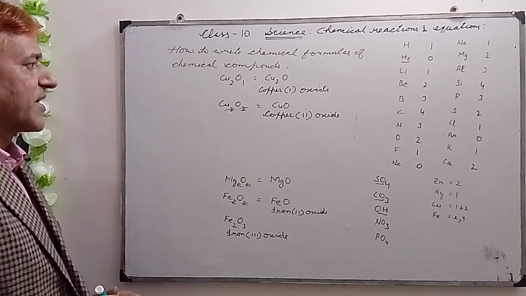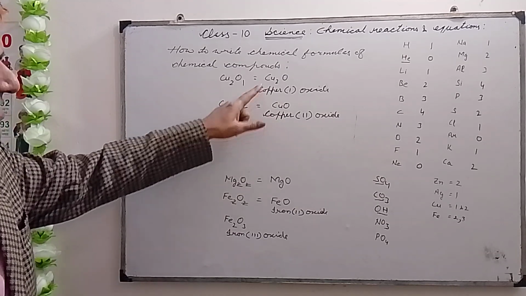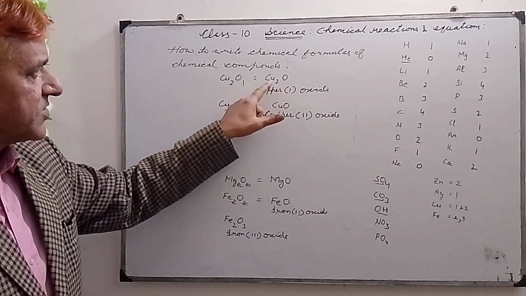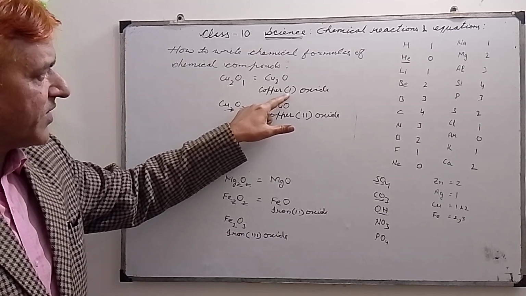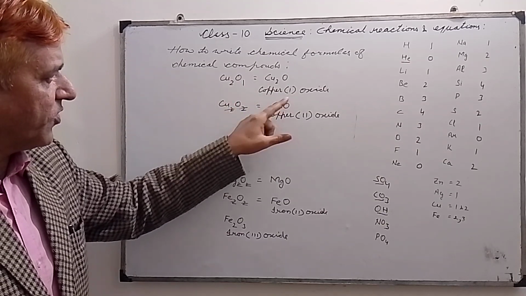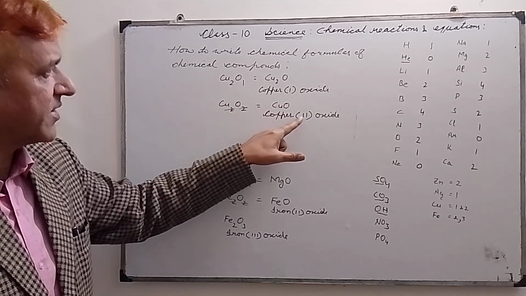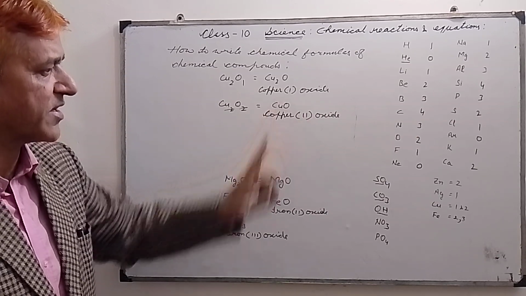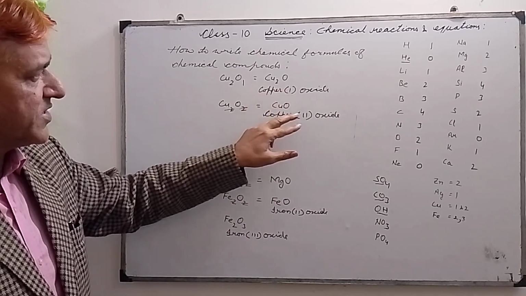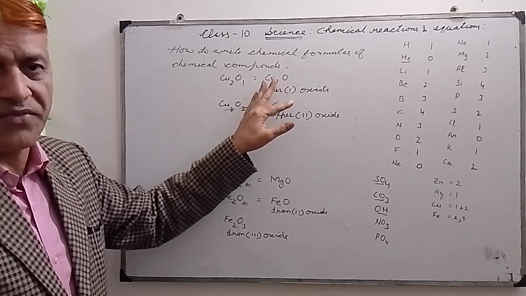So my dear students, we will write like this. So this is copper oxide, Cu2O, where valency is 1. And CuO, this is again copper oxide, but here we are taking valency 2. So these numbers written within brackets are valencies.